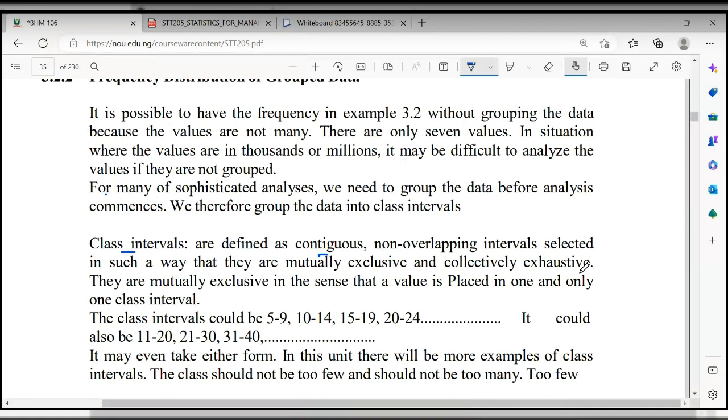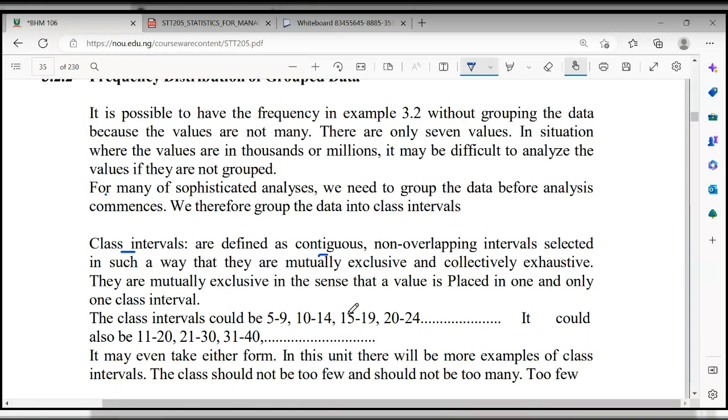Mutually exclusive is a term we hear a lot when we are doing probability. I don't know how many of us have heard it before. When we say something is mutually exclusive, it means 2 things that can never occur together. So these intervals cannot have the same elements at the same time.